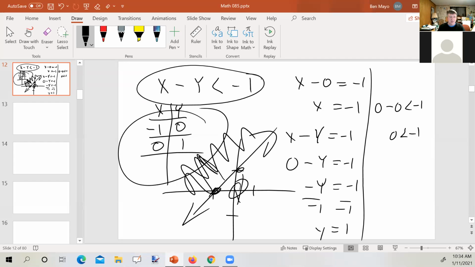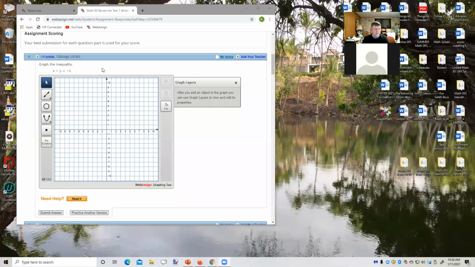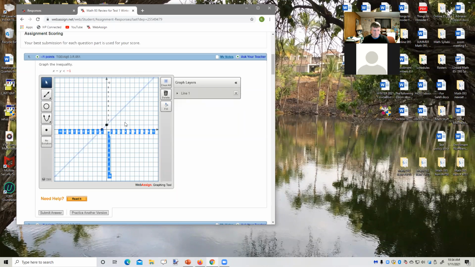Okay, so now I'm going to go to the WebAssign graph, and here's my inequality, x minus y less than -1. I'm going to use the line, not the dot, but the line. Click on it till it's blue. I have the point -1, 0 and 0, 1.